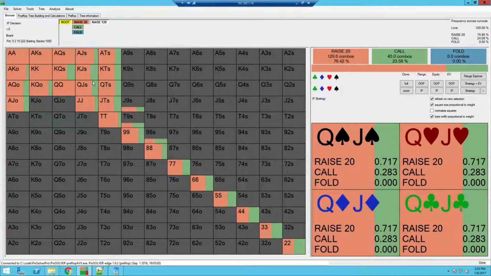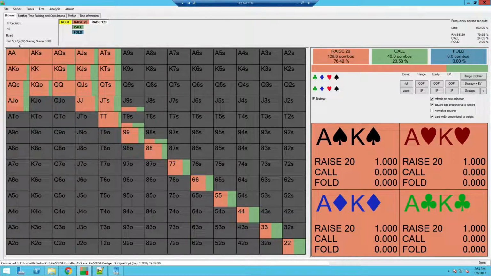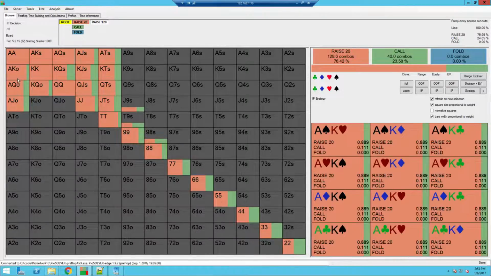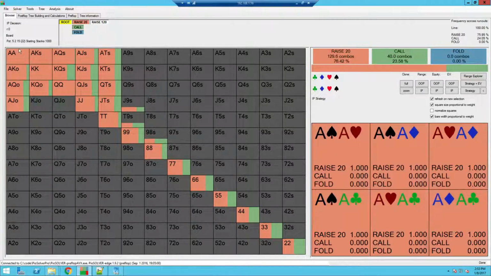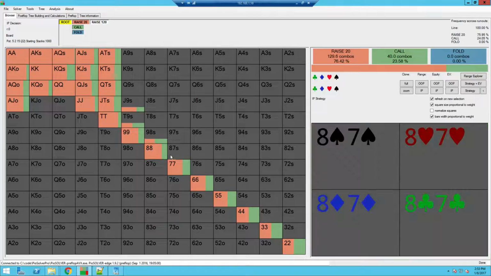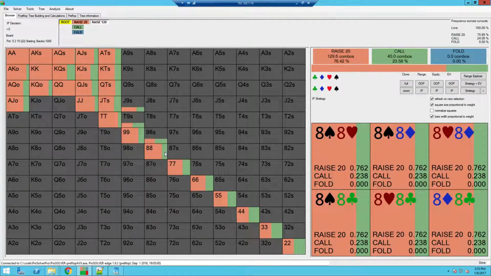I should say up to this point, we just basically have $15 of dead money in here with blinds. So basically, the idea here is that we've gone limp, and we've got some dead money in the pot, and you're going to be raising here for value. So arguably, you could even take a pure strategy of raising with this entire range here, rather than only calling with some combinations.